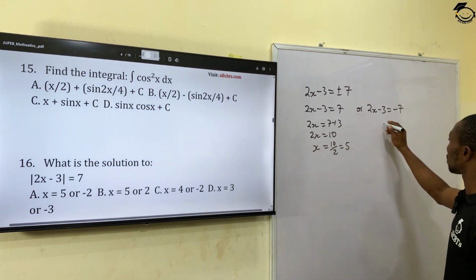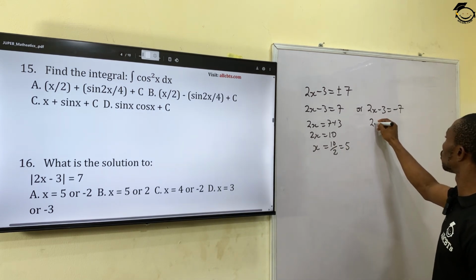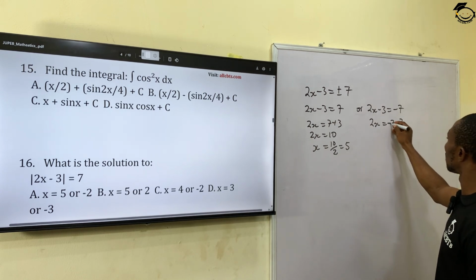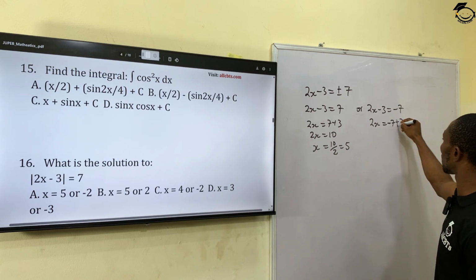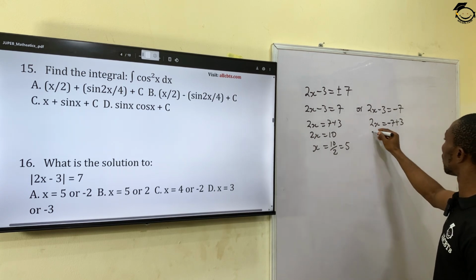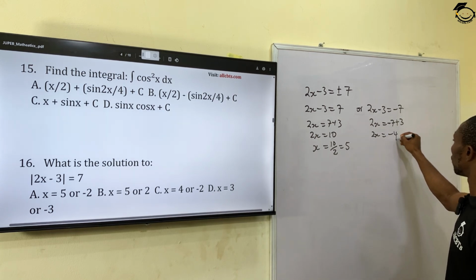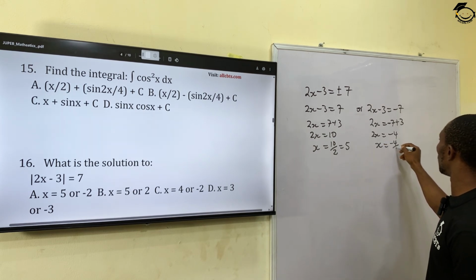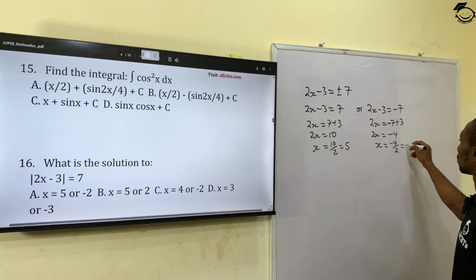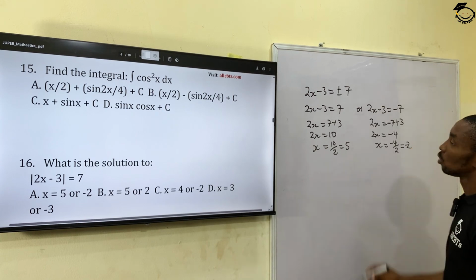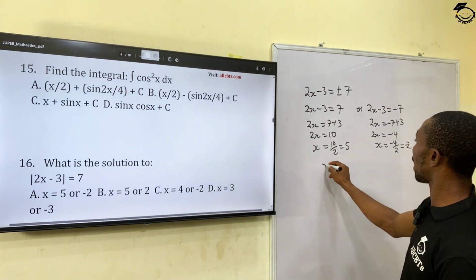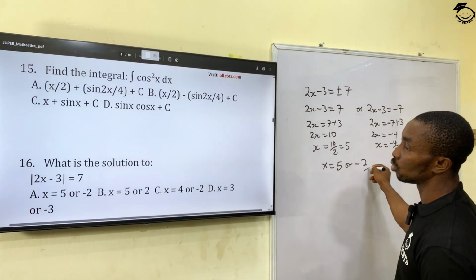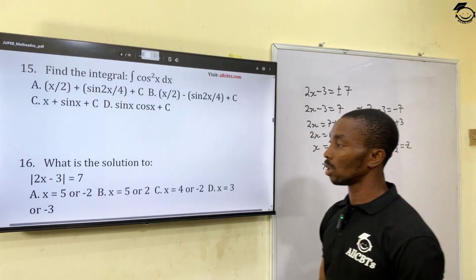And for this, we are having it as 2x equals minus 7 minus 3, okay? Minus 7 plus 3, sorry. So our 2x equals minus 4, and our x equals minus 4 over 2, which will give us minus 2. So our values for x will become 5 or minus 2, which is option A.